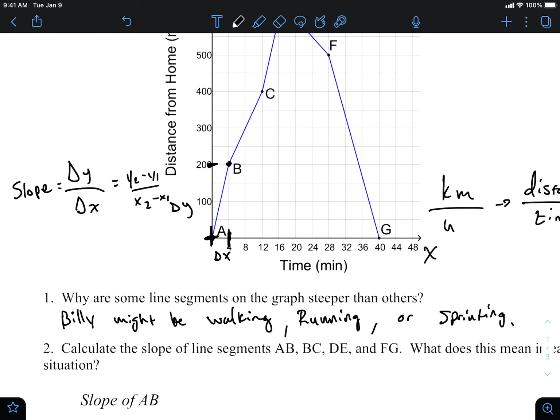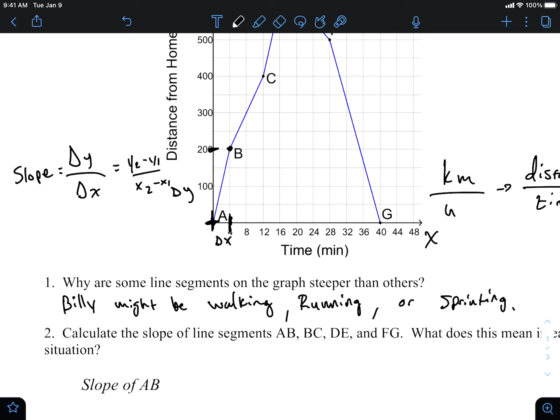So if we take the final distance, d final minus d initial, all I'm doing is changing y into distance because that's what's on the y-axis, d for distance, divided by the final time minus the initial time, which tells me how long it took.